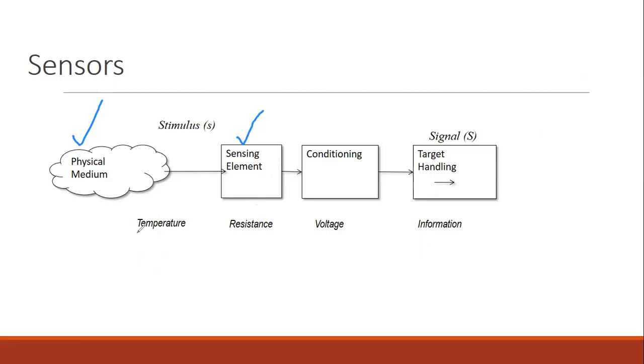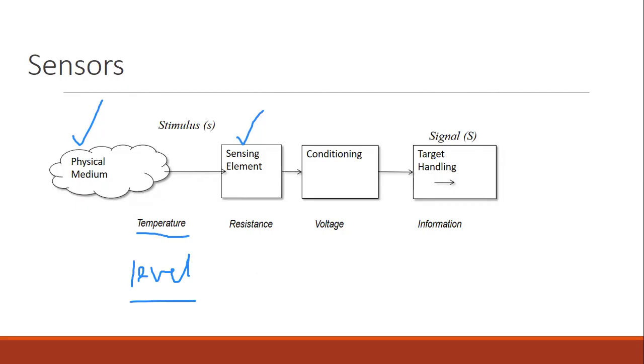Here I have taken the example of temperature, but suppose you want to measure the level in a water tank, then you can use capacitance as a sensing element. Here you have used a thermistor or a resistor. Here you will use a capacitor, and the property is capacitance. According to the level, there is a variation in the capacitance.